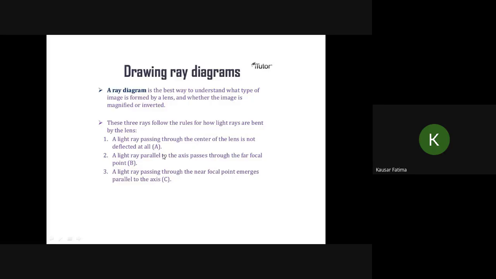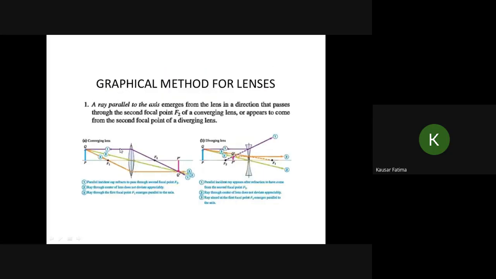Let's see a better diagram of this. This is the ray which comes parallel to the principal axis. This line is the central line which is joining F and F on the two sides. F and F are the principal focus or focal point, and this is the center of the lens. We call it the optical center. The line which joins these two is the principal axis.